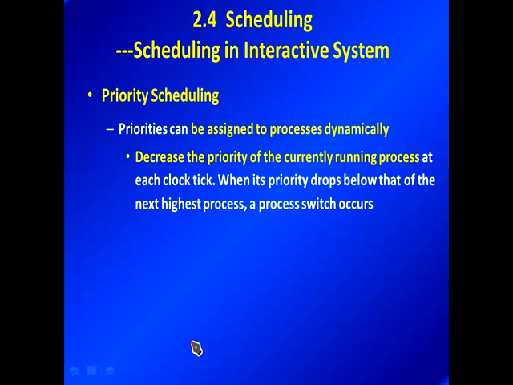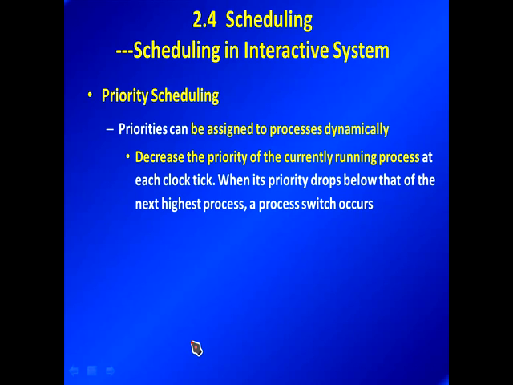And when it's happening, the current process with lower priority will get out of the CPU and let that process with the highest priority on the waiting queue get into the CPU to run for a while.